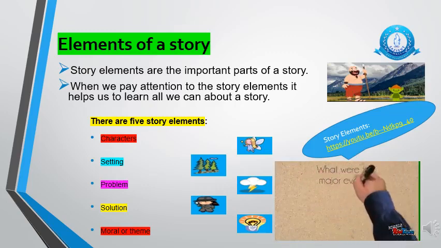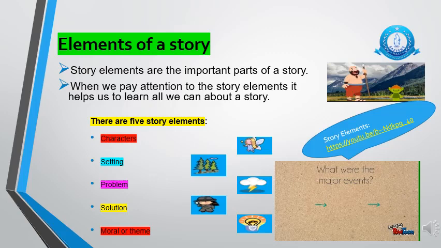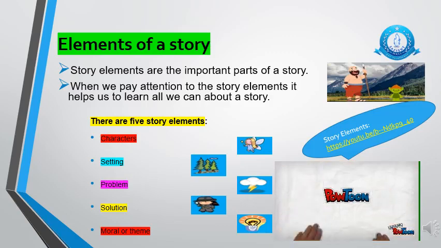What were the major events? We should have a beginning, middle, and end. Start with the problem in the story. First, the cat was stuck in the tree. Then, Ollie got the cat down for Janessa. Last, they went to get ice cream together. Created using Powtoon.